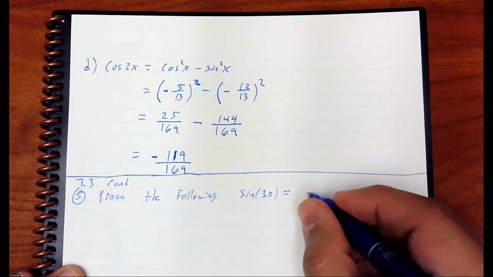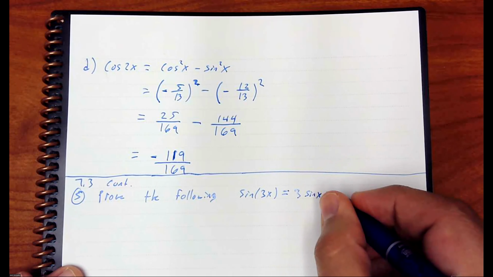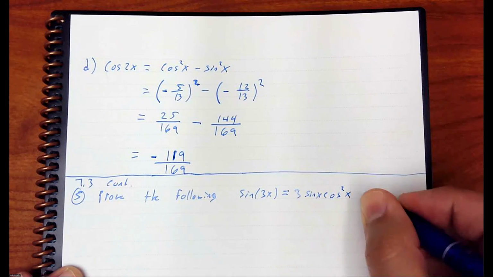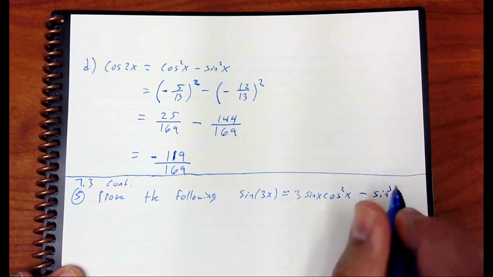Sine 3x is equal to 3 sine x cosine squared x minus sine cubed x.